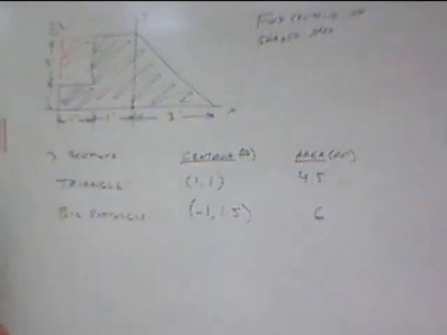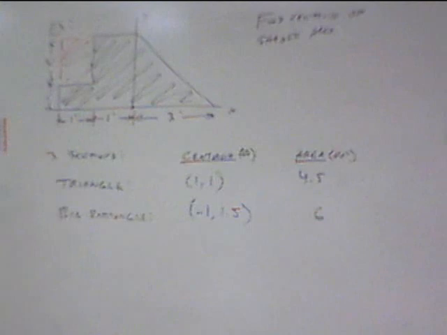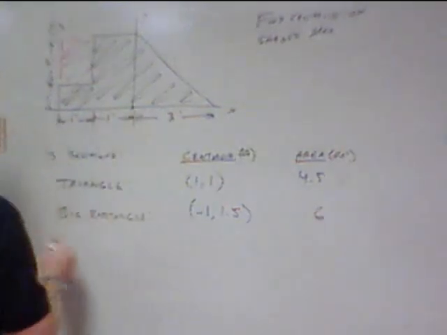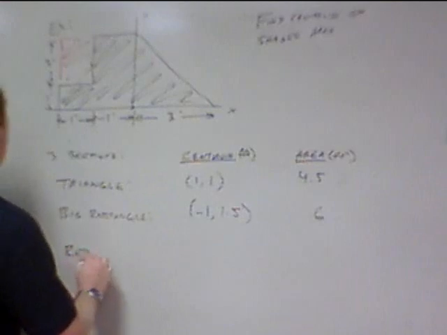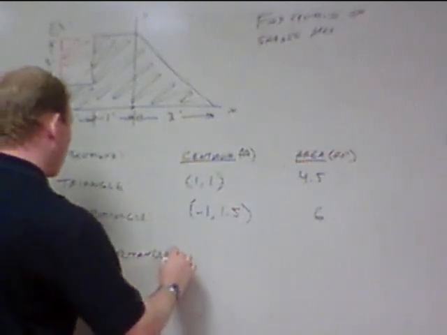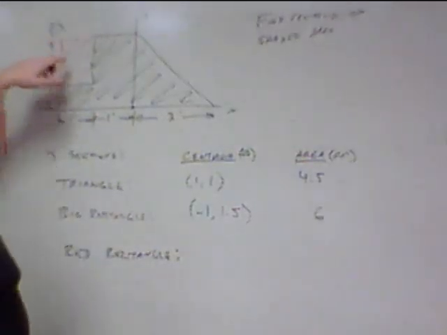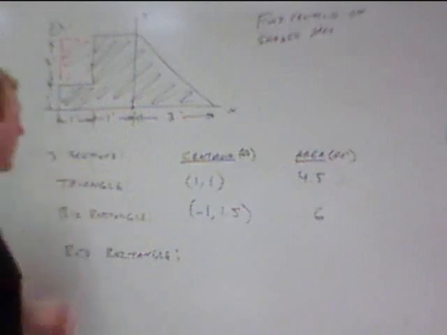Okay. And then we have this little red rectangle here. Its center of mass, centroid, is going to be at negative 1.5.